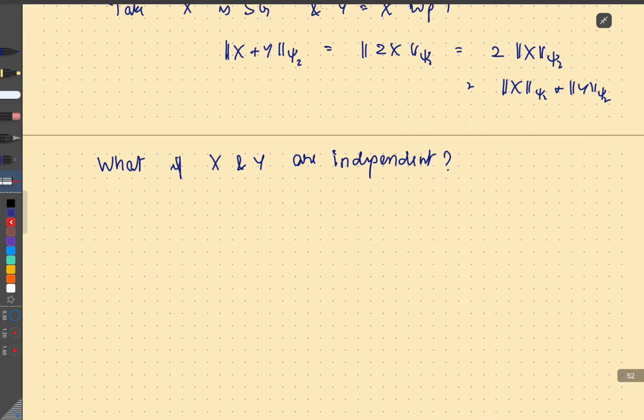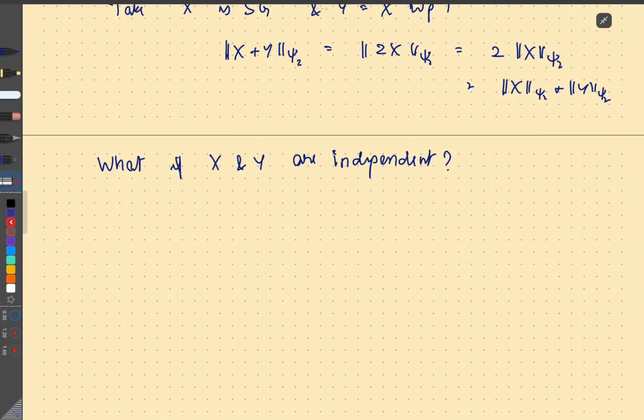Now similarly, what happens when x and y are independent of each other? What happens in the Euclidean case? When two vectors are perpendicular to each other, what relationship do you have in terms of the norms of x, y and x plus y? You have the Pythagoras theorem, which says that the norm squared of x plus y is equal to the norm squared of x plus the norm squared of y.